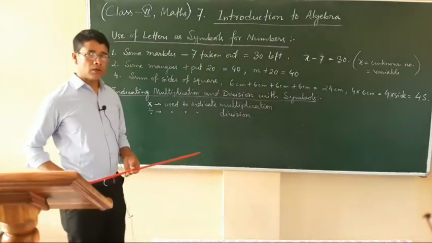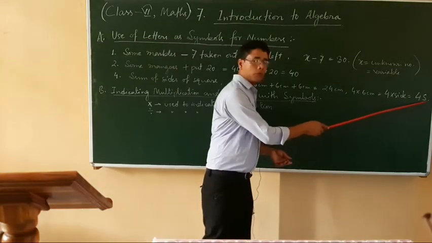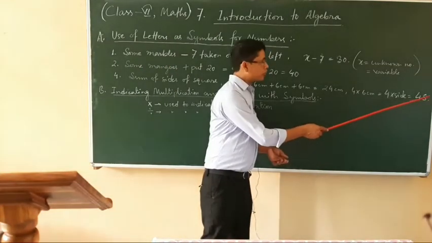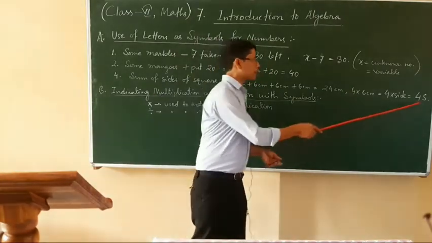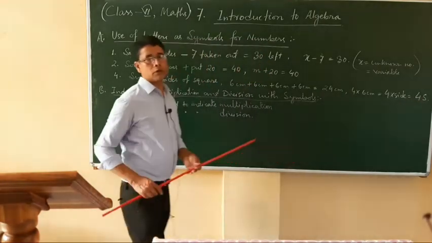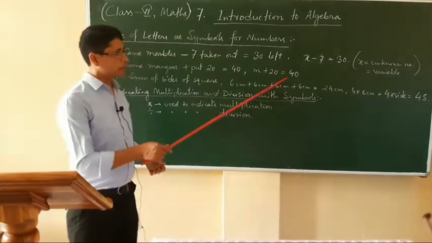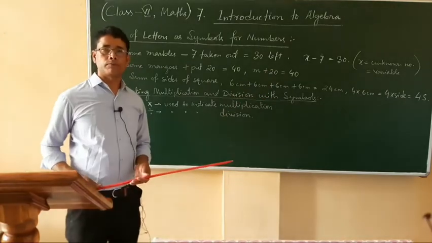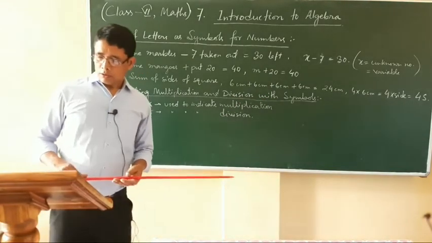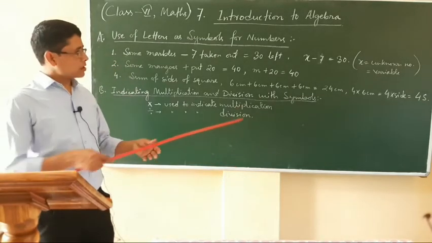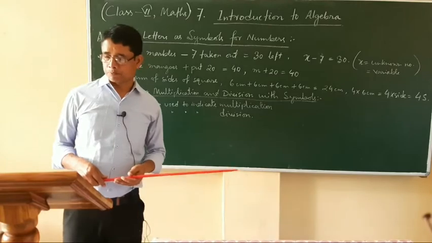The formula to find out the perimeter, where s is the side of a square. So if we know the one side of a square, we can find out the perimeter of that square by multiplying the side by 4. Okay. So using this formula, as I have said, we can find the perimeter of a square.